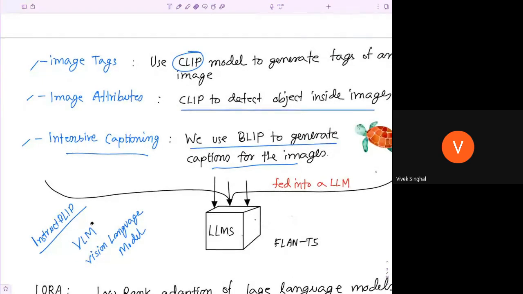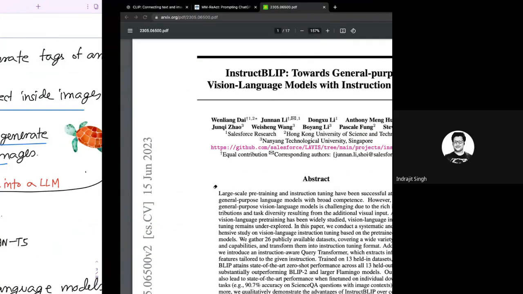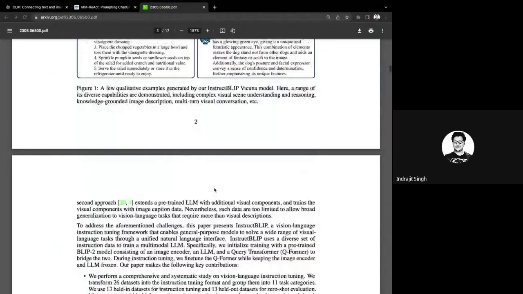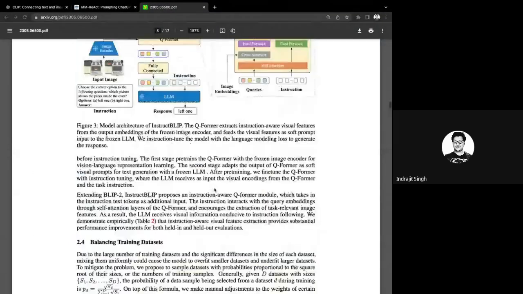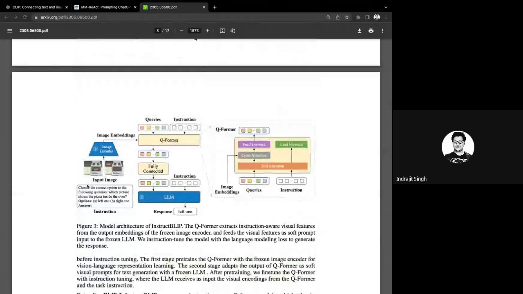Fundamentally, BLIP is an image captioning algorithm. It's not only image captioning, but BLIP is a combination of two things. I mean, without these prompts, it is just image captioning, right? But you are also feeding in an instruction with the image.